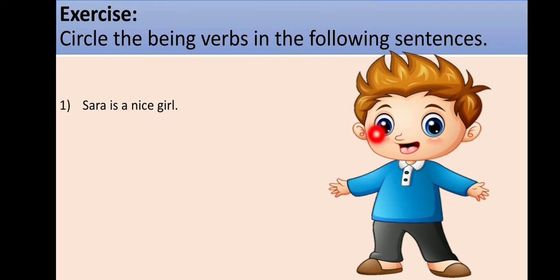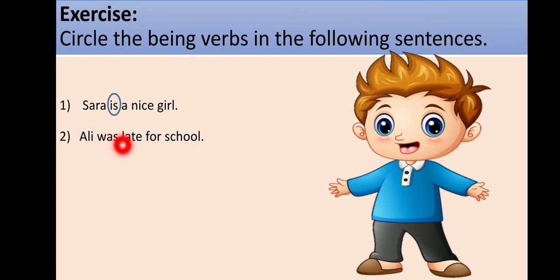I told you being verbs are is, am, are, was, were, will be, right? I hope you remember. So what is being verb here? Is. Is a being verb.